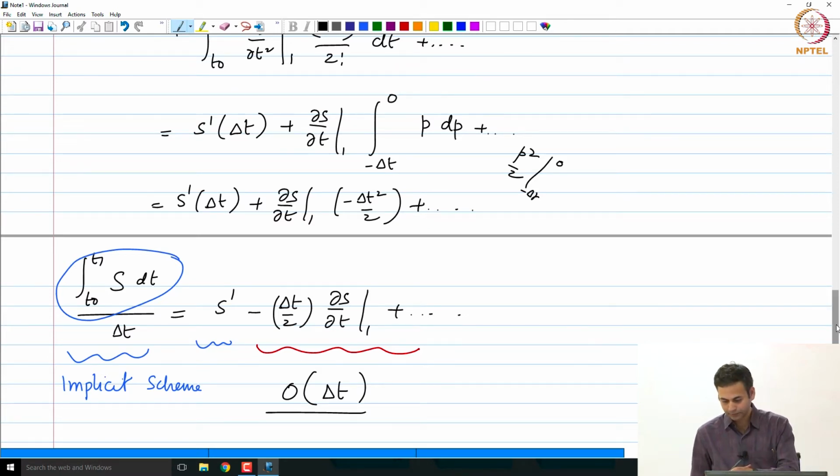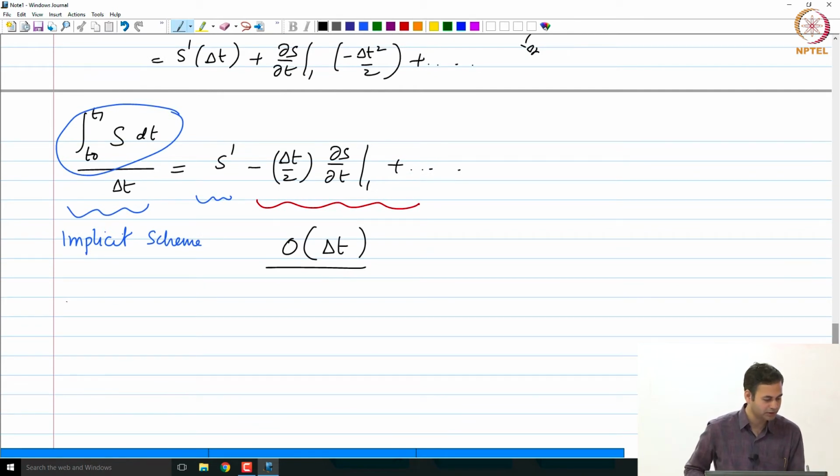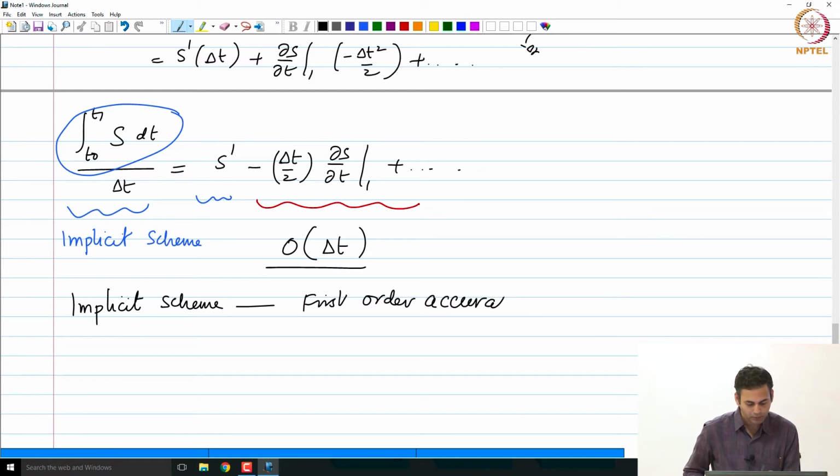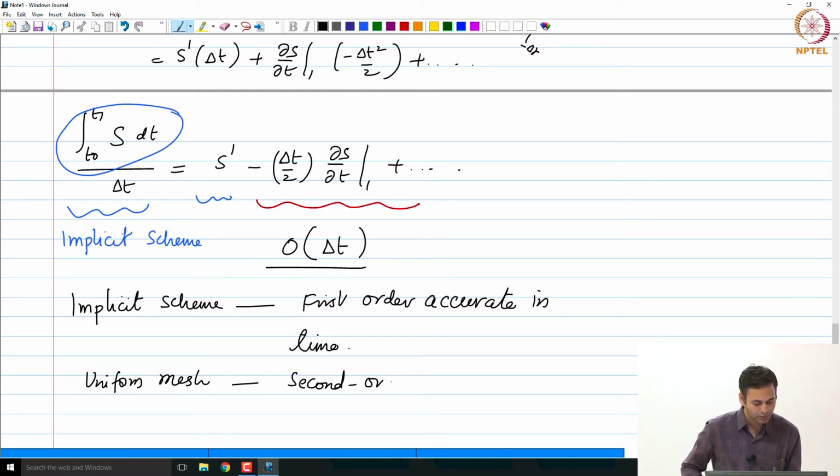So, the implicit scheme is first order accurate in time, and if you have a uniform mesh, then this is second order accurate in space.